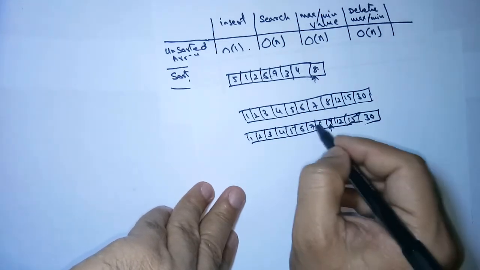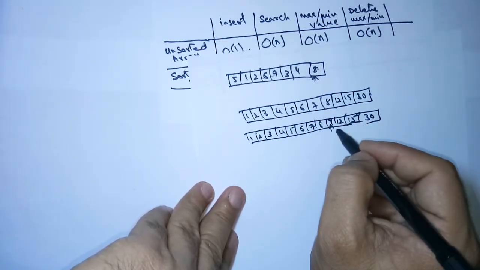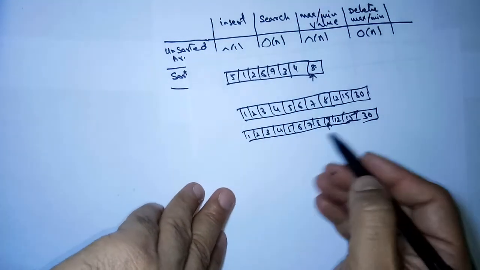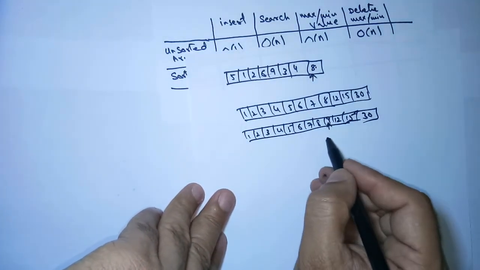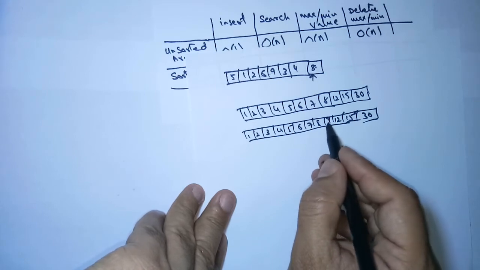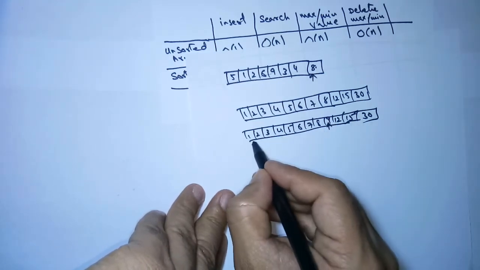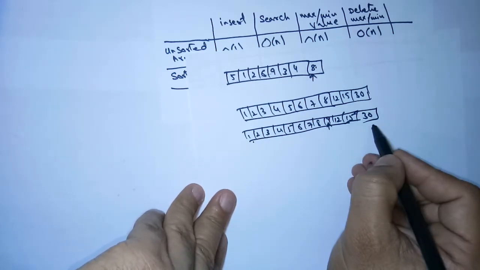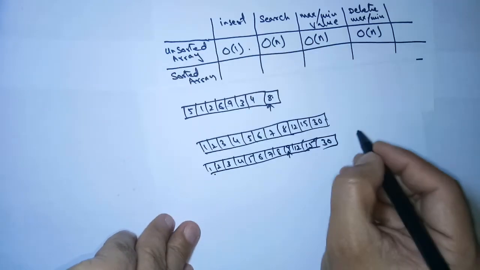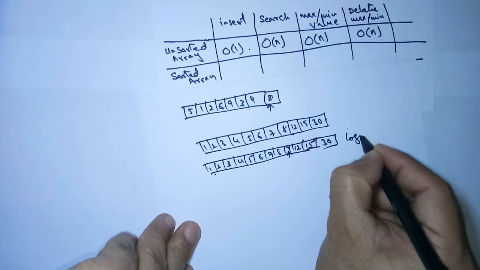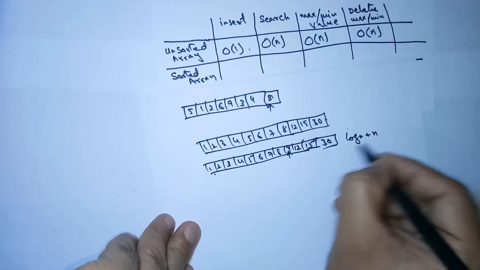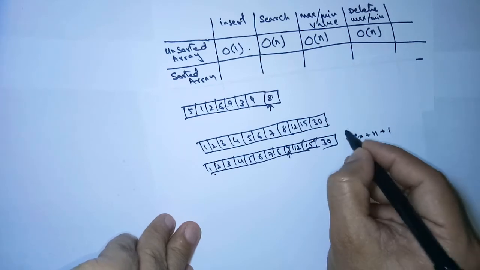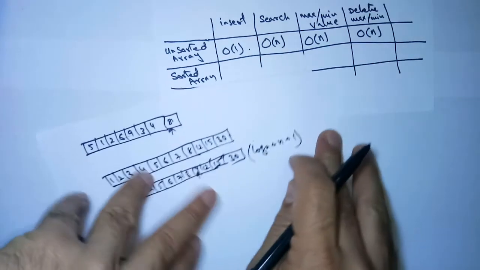First of all, I have to search, and even if I use the binary search for the sorted array, I need log n time in order to search. And then n times I need to move the elements, and then 1 to insert it. So log n for the binary search plus n to move plus 1 to insert. If I take the big O, that is nothing but order of n.